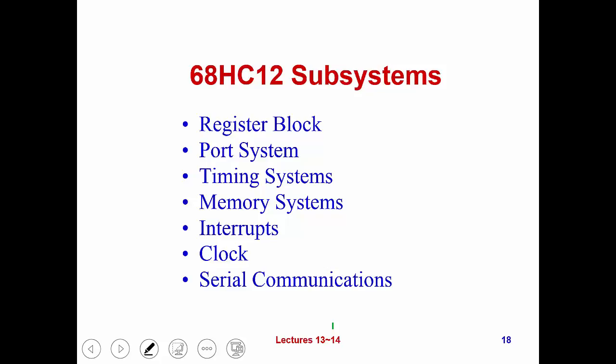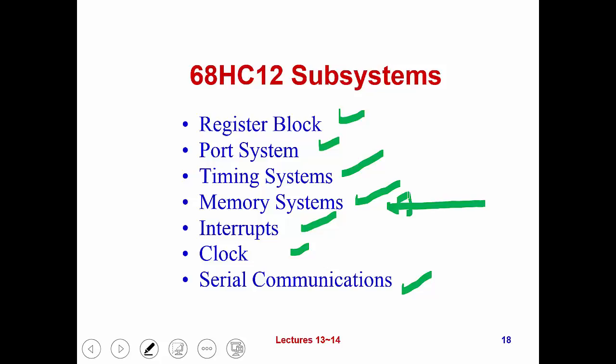So let's talk a little bit more about individual subsystems. If you go back to the block diagram, as I just showed you, we have register blocks, port systems, timing systems, memory systems, interrupt, time clock, and serial communication. We talk a lot more about memory and communication systems in the Microcomputer 2 course, so we will not discuss memory systems.